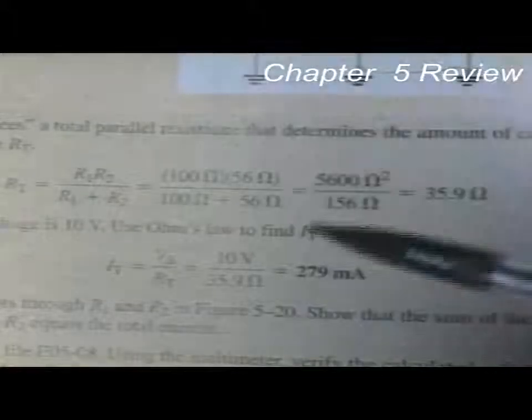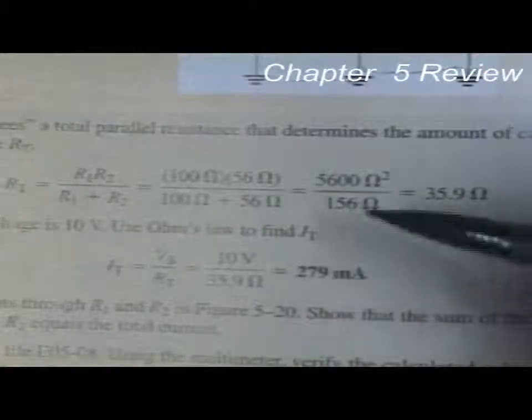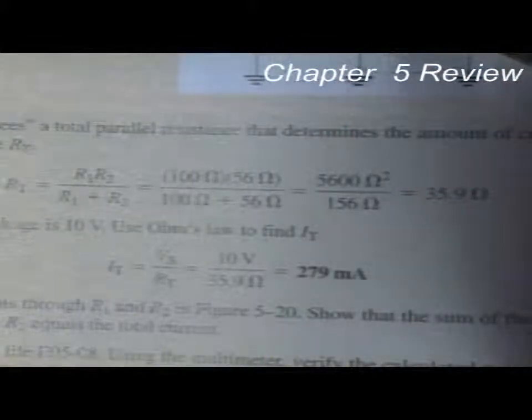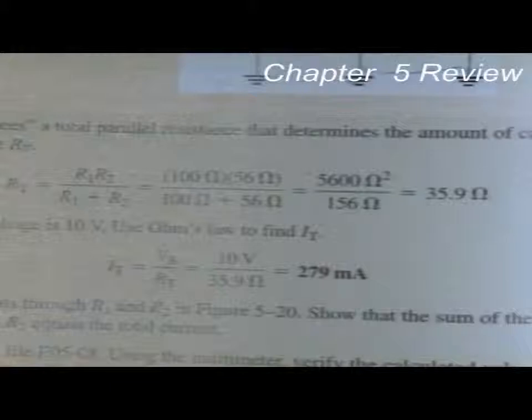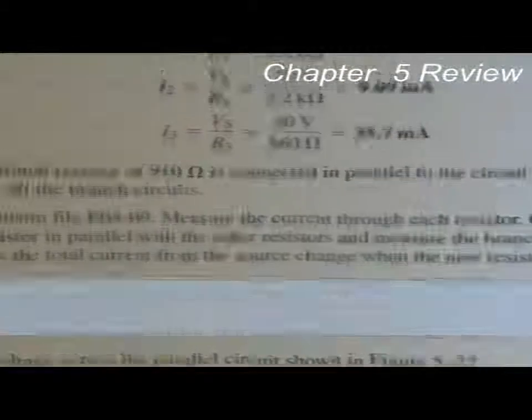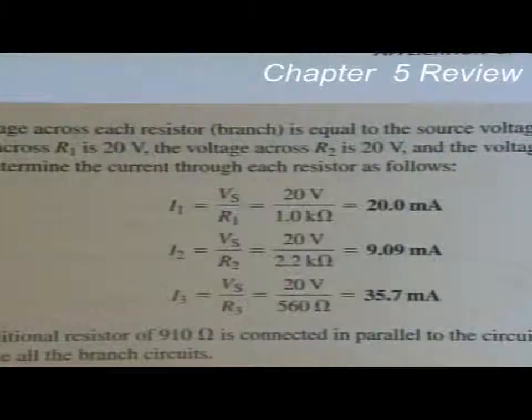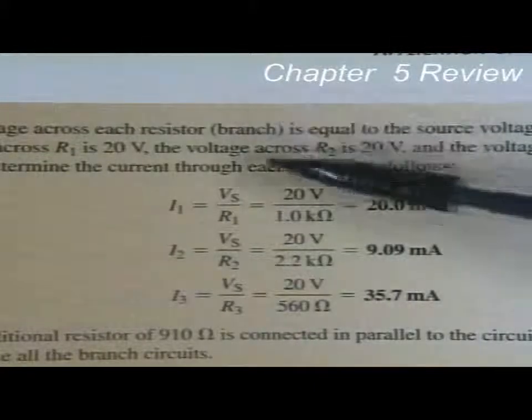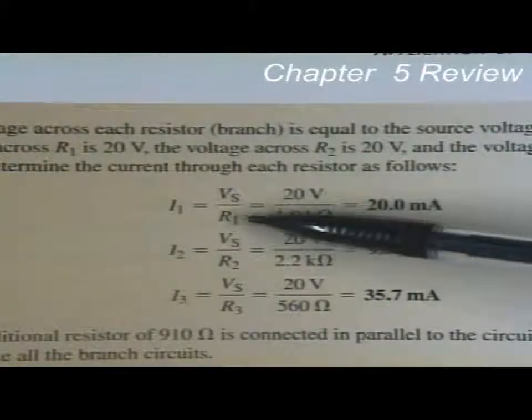Okay, now let's see what happened. That current is the total current going through these two branches, correct? That's IT. Now, we could do another example, but I want you to do that on example 5-9 and work that out. I want you to look at the results of it, and I want you to see that I1 is equal to Vs over R1.